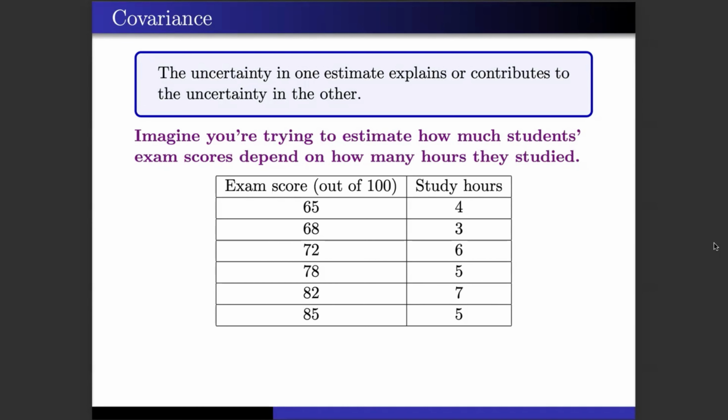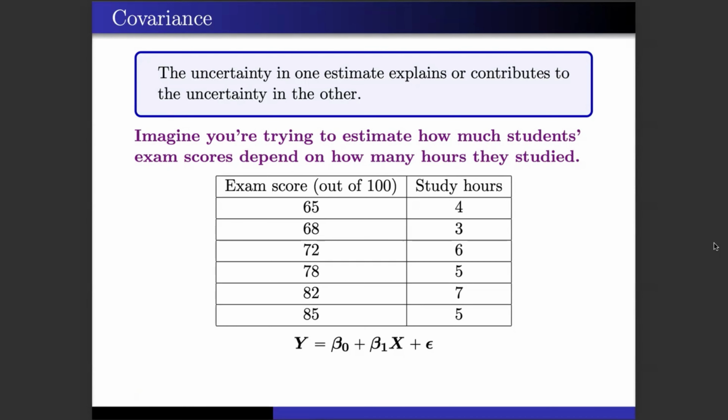Let's say you are given this sample data, where you are trying to estimate how much students' exam scores depend on how many hours they studied. So we have a dependent variable over here and an independent variable. The dependent variable is the exam score and the independent variable is the study hours. And thus we can create a simple linear regression model y equals beta naught plus beta 1 x plus epsilon.